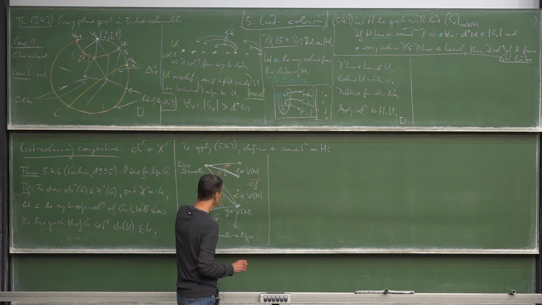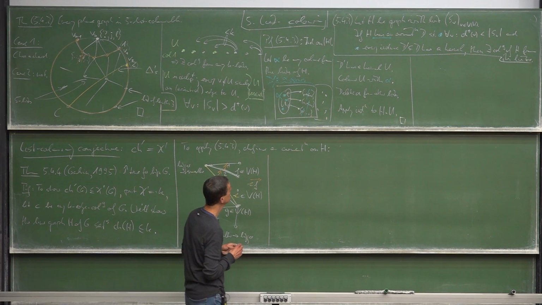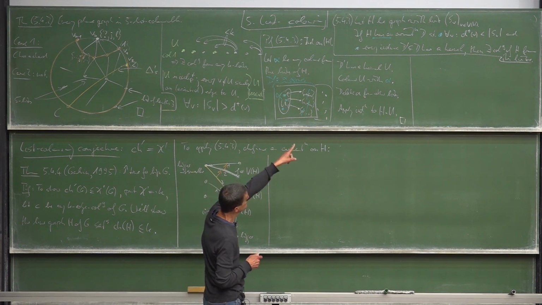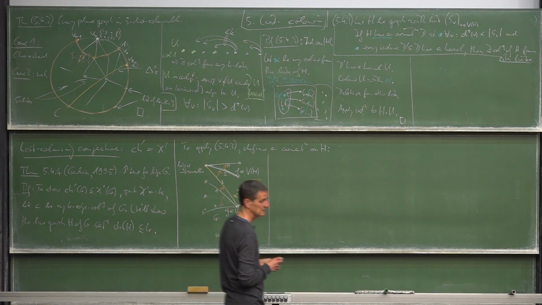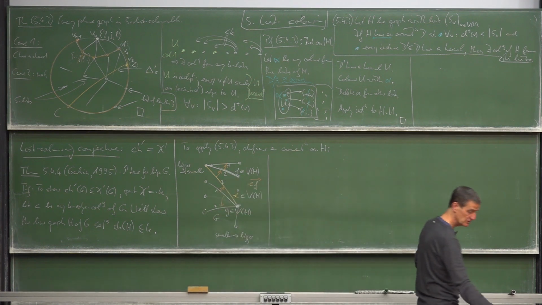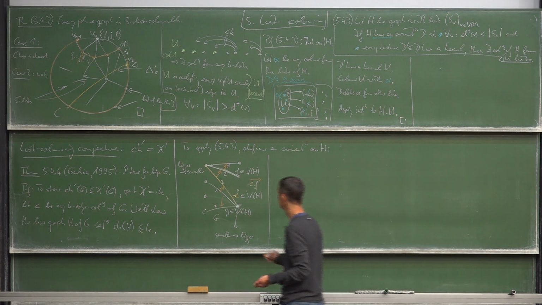Now we're trying to apply that lemma. I've given you an orientation, that's D, and now we have to show the two bullets.